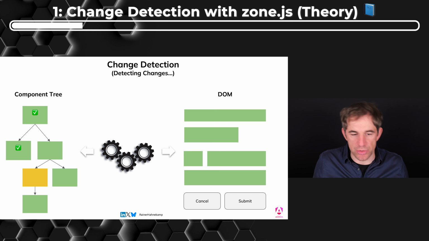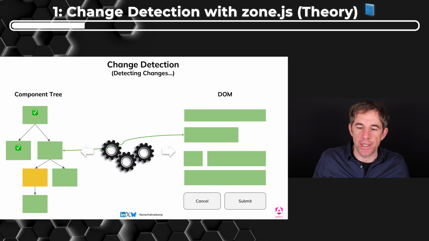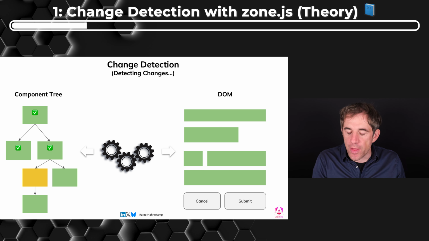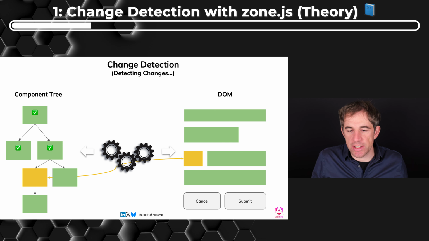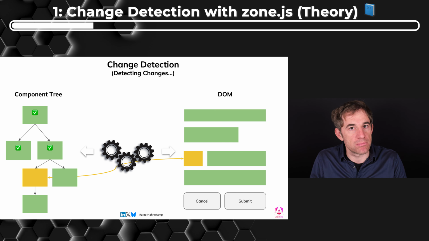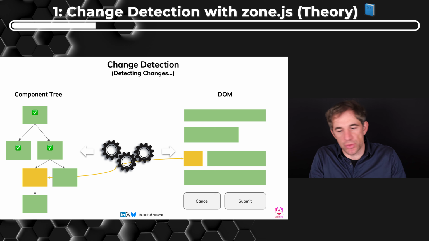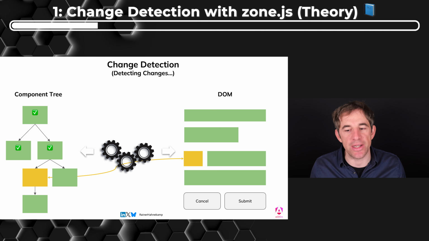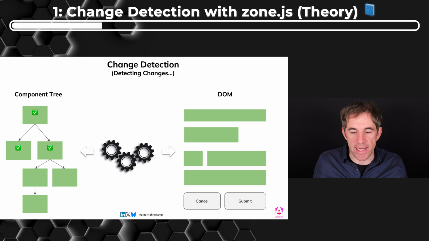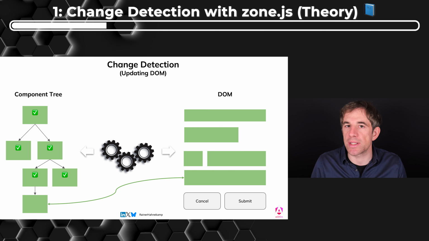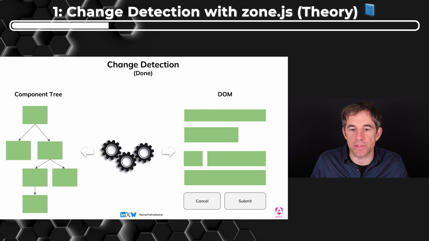And then it continues, checks the other components, and then it finally hits the one where there is a change and says, oh, okay, I need to fix it. I need to update the DOM as well. So if the value is 2, then now the DOM also gets the value 2. Then Angular says, okay, wonderful, done. This has been checked and then also fixed. And it continues to do this until no components are left. That's the way the change detection works.